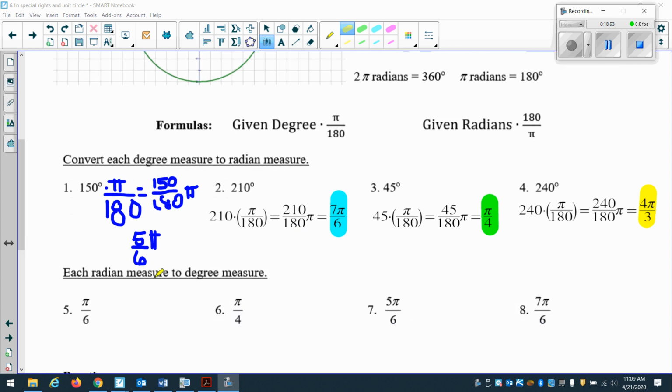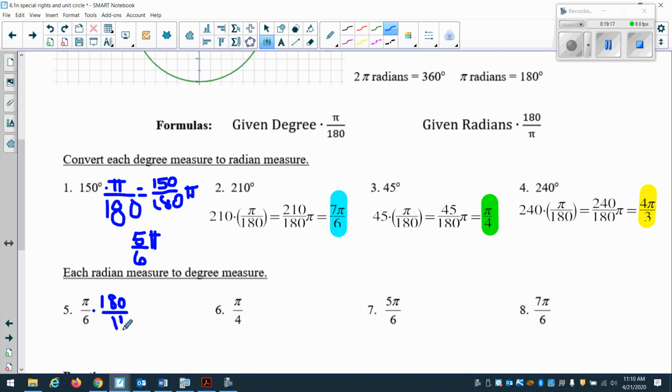So now in the reverse direction, we are going to look at going from radians to degrees. So this is going to be the opposite now. So we have pi over 6. We are going to multiply by 180 over pi.